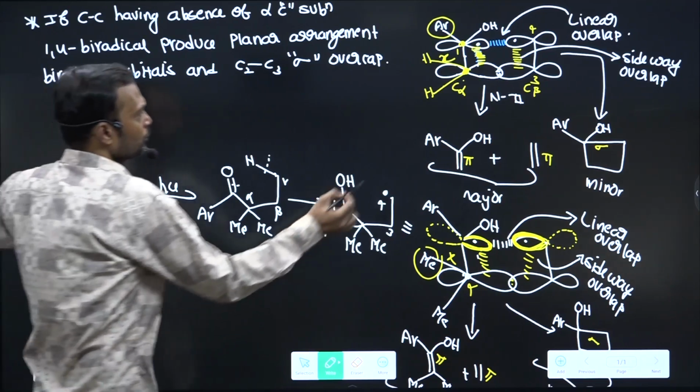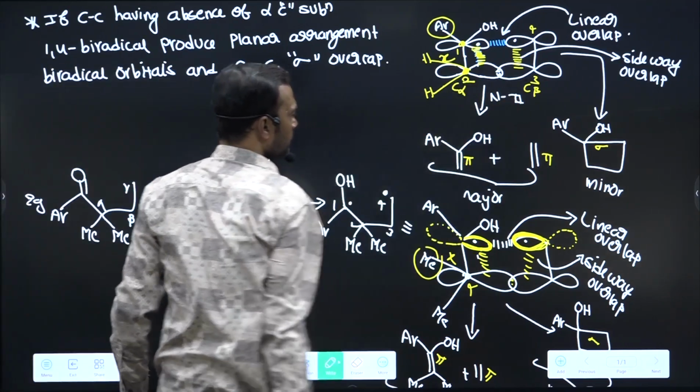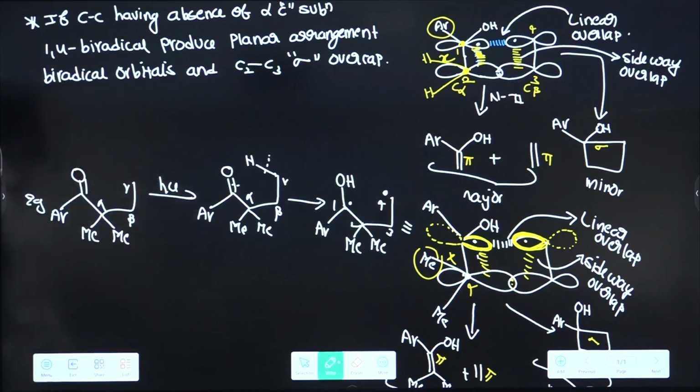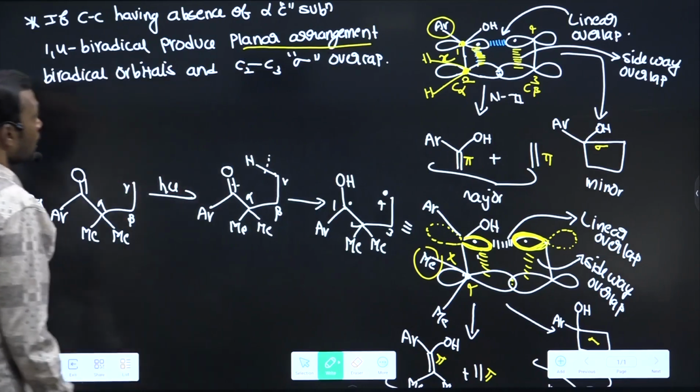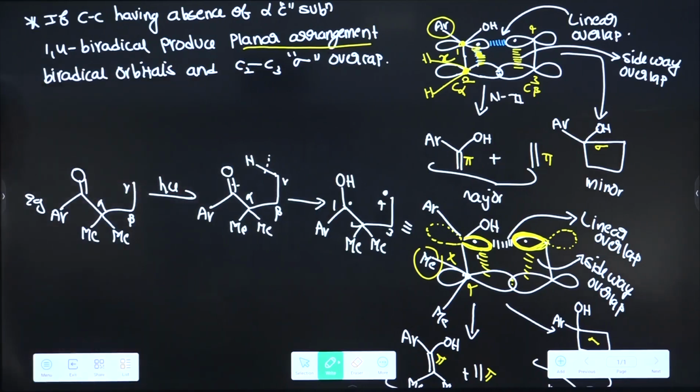This is C2, C3. So these are planar. That will produce a planar arrangement of biradical orbitals and the C2-C3 sigma bond.